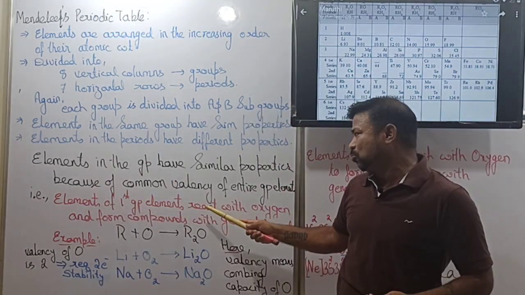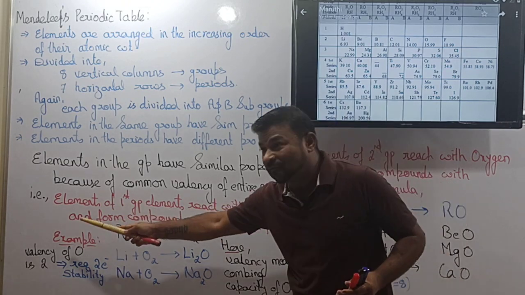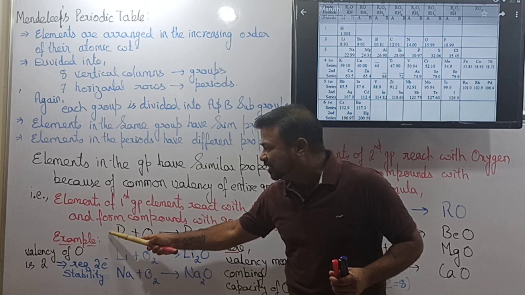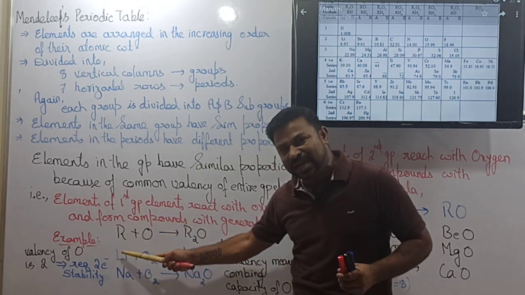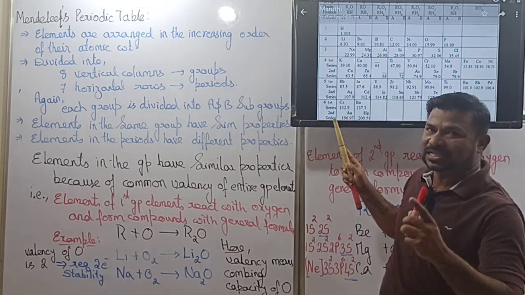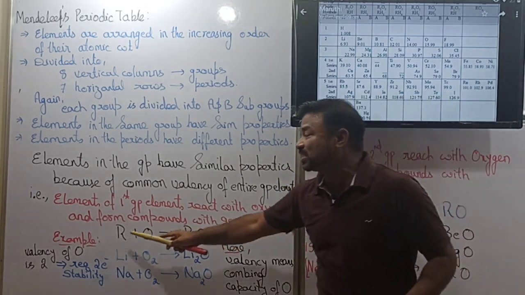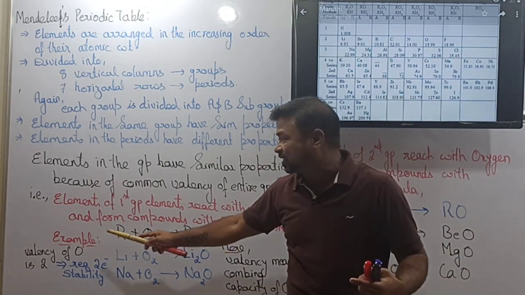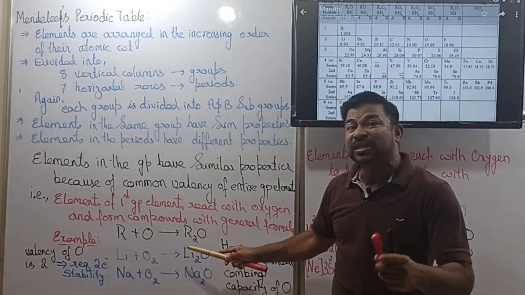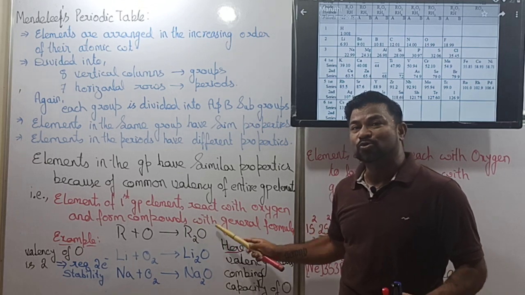Elements of the first group react with oxygen and form compounds with the general formula R2O. If you consider all the elements present in the first group as R, it reacts with oxygen forming the general formula R2O.